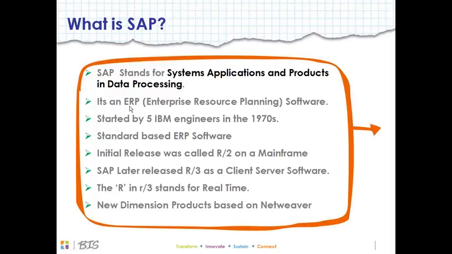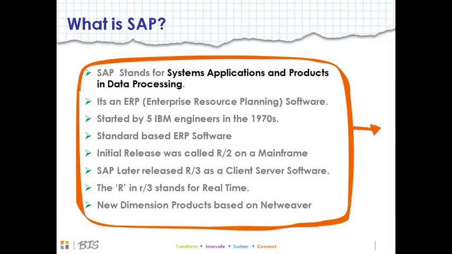Like that, there are a lot of ERP products. Among them, SAP is the topmost ERP vendor in the world in terms of customers, sales, revenue, everything. It was earlier developed in 1972 based on R2 mainframe. R2 is a two-tier client-server mechanism. I hope you heard about client-server mechanism.